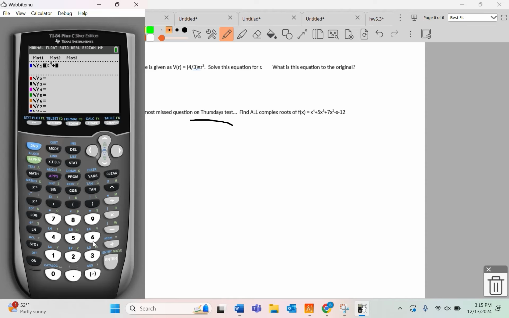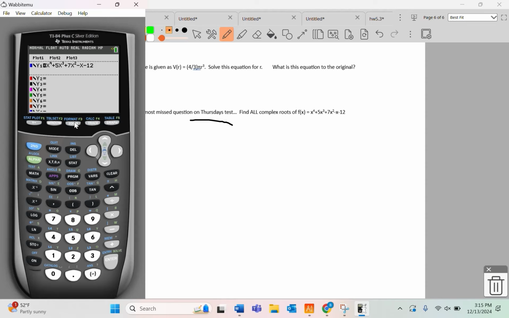Like, I want to know what is wrong with you kids. You go to y equals and you type the function in the calculator. I honest to God feel that 99% of my students should be able to do this. And I'm beaten down by the fact that you won't do it.